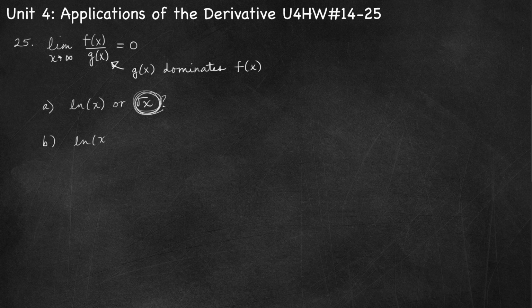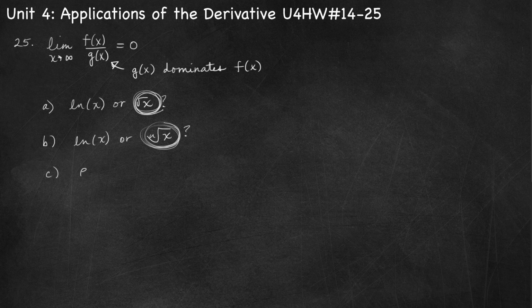Natural log of x or the nth root of x for positive integer values of n. Well, again, the natural log function is going to grow more slowly. So the nth root of x in general is going to dominate our natural log function.